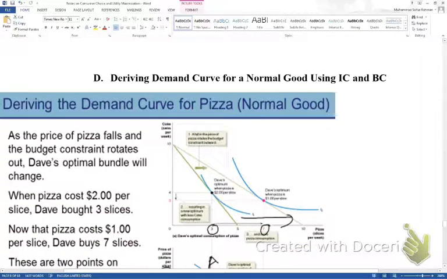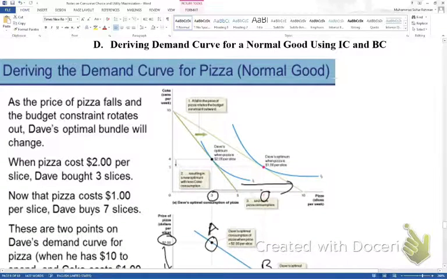What we're going to do now is show that we can use the indifference curve and budget constraint approach to derive a demand curve. In this case, we are thinking about a normal good. The example is very straightforward.